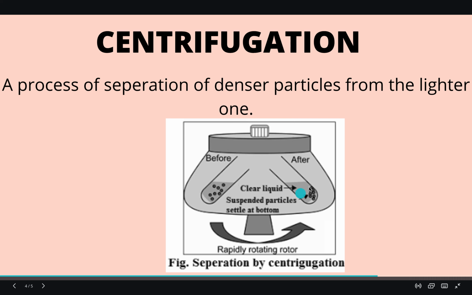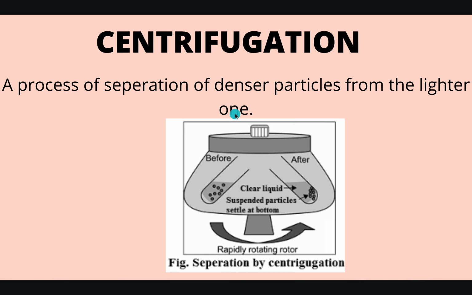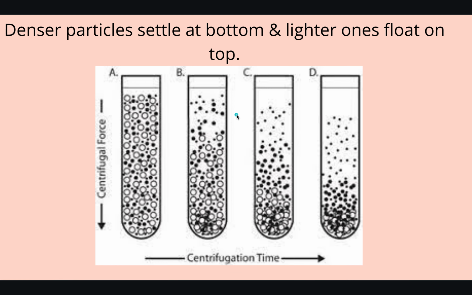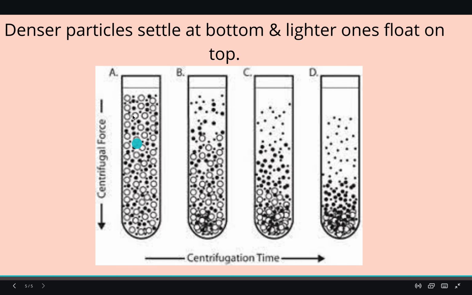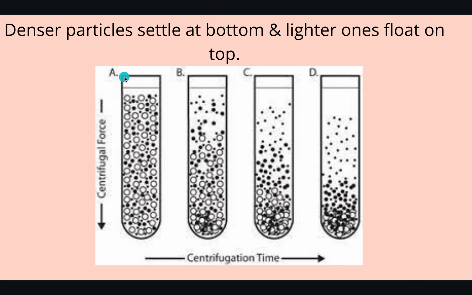This is used in the testing of things as well. How is it used? For example, take this as your blood, and in blood we have different constituents. We have plasma, and different constituents actually floating in it. So these are the various constituents.